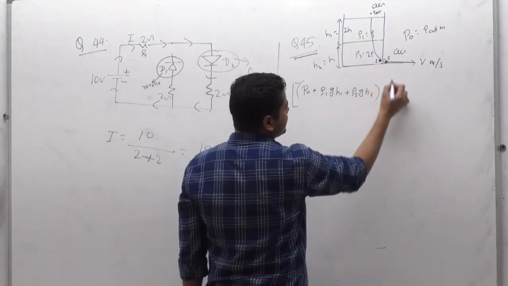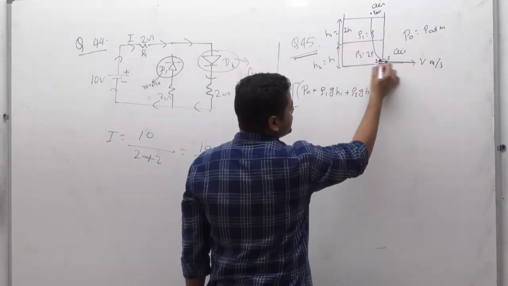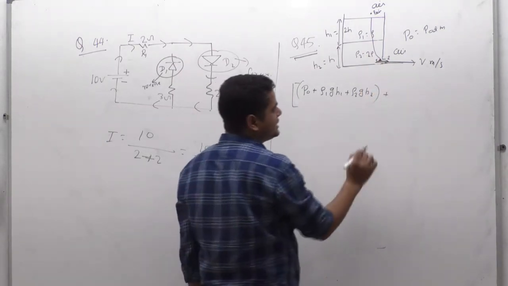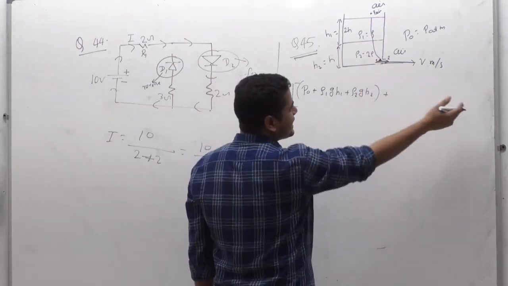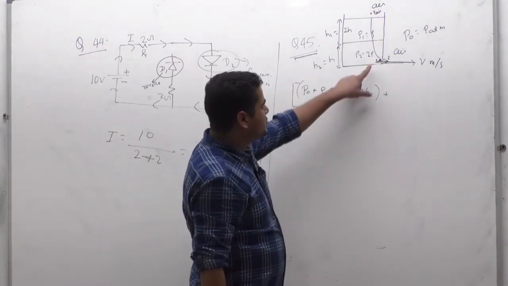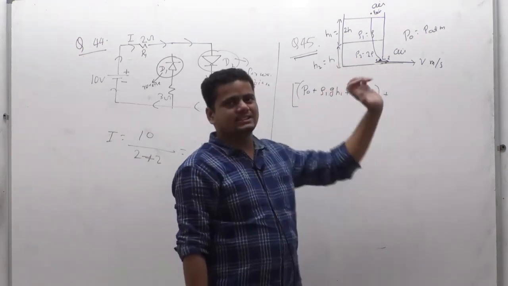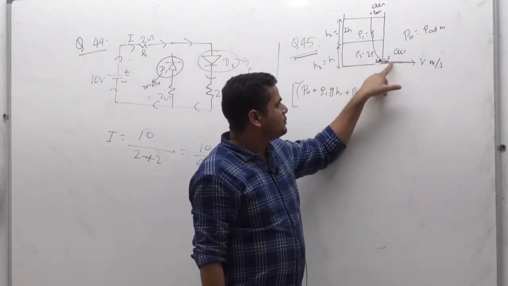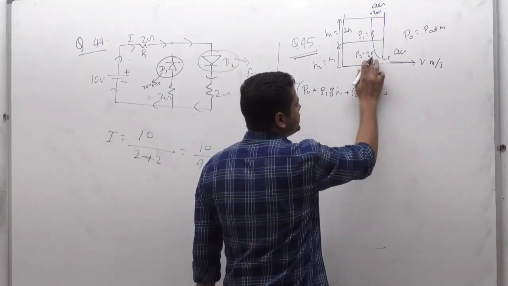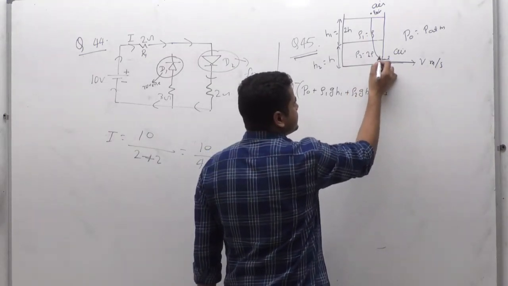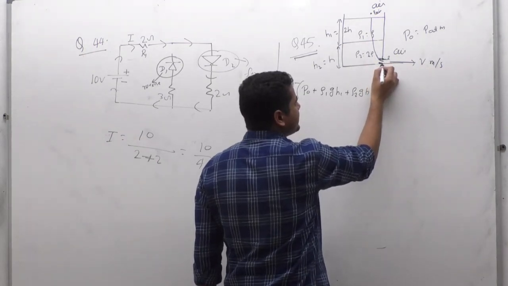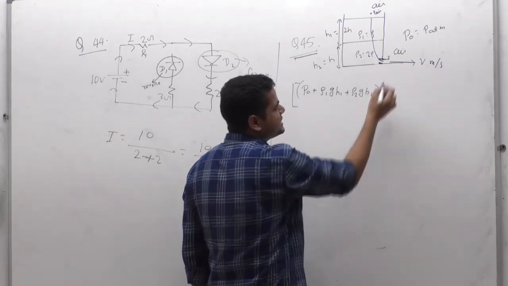Point 1 and point 2 are on the same level, so their potential energy will be the same. So we are not writing the term because it will cancel from both sides. One interesting fact is that point 1 has very little speed compared to point 2. Why? Because at point 1, most of the liquid collides with the wall and its speed tends to 0.